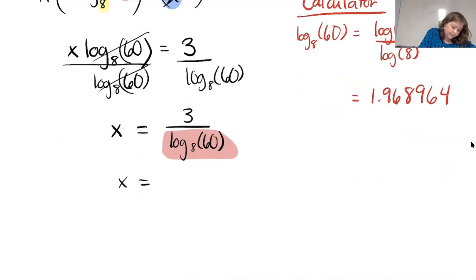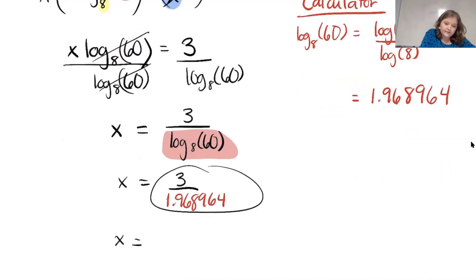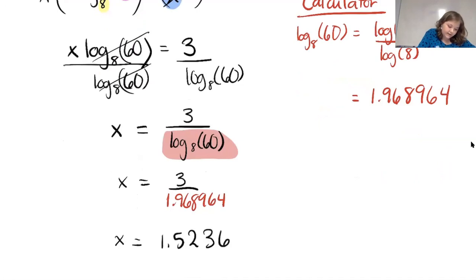And so we end up with x equals 3 over that 1.968964. And then you can stick that into a calculator again, the 3 over 1.968964, and get 1.5236.